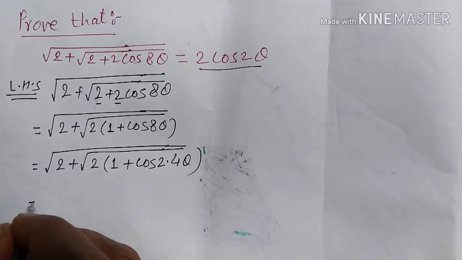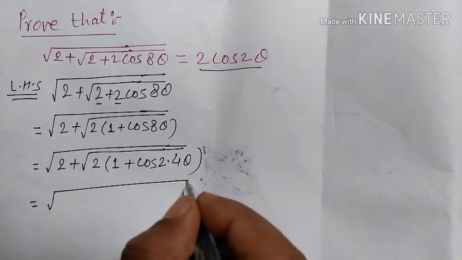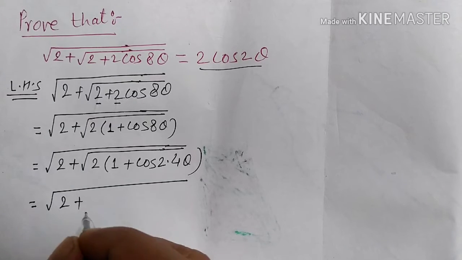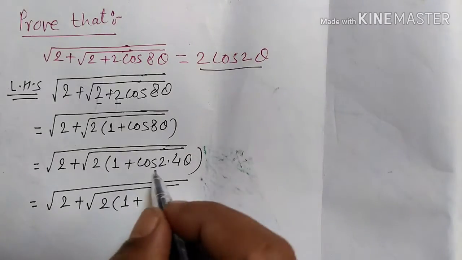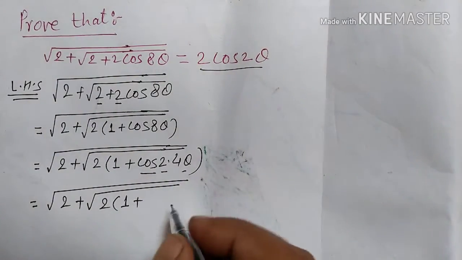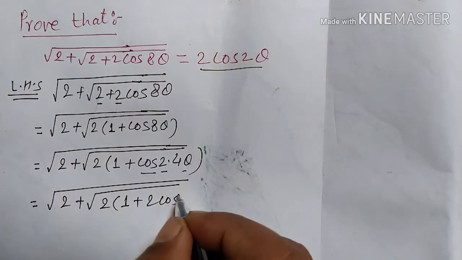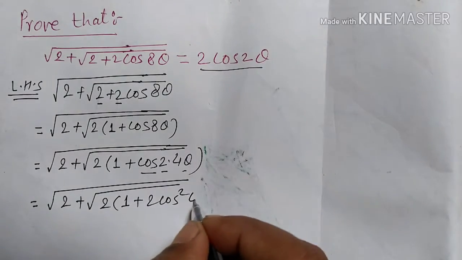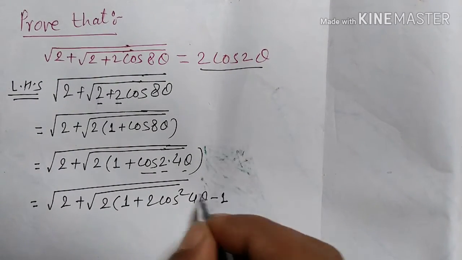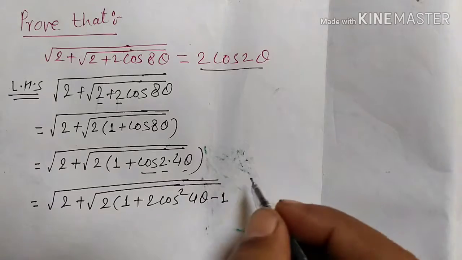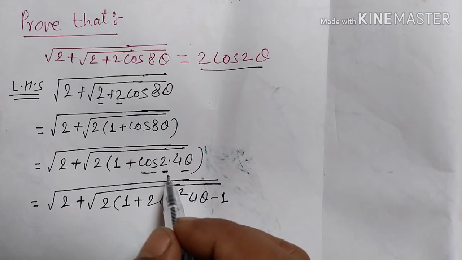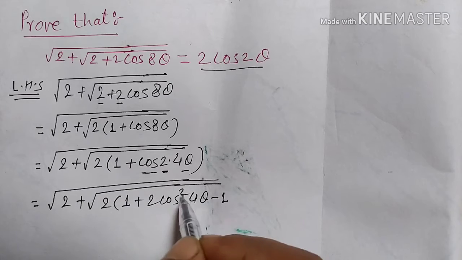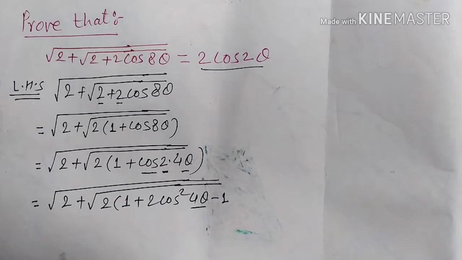Now again, 1 + cos 2θ can be written as 2 cos²θ minus 1 plus 1. It looks like cos 2θ, so the formula of cos 2θ is 2 cos²θ − 1.